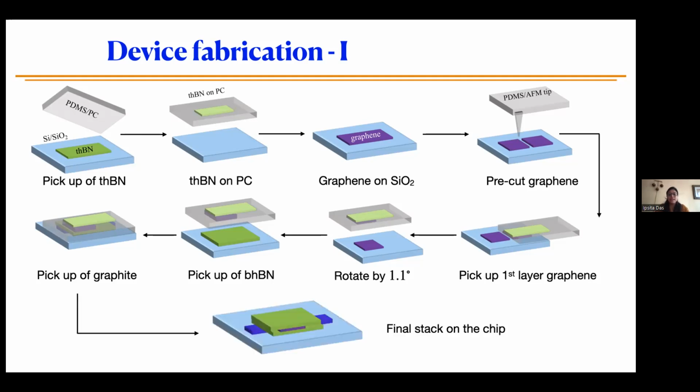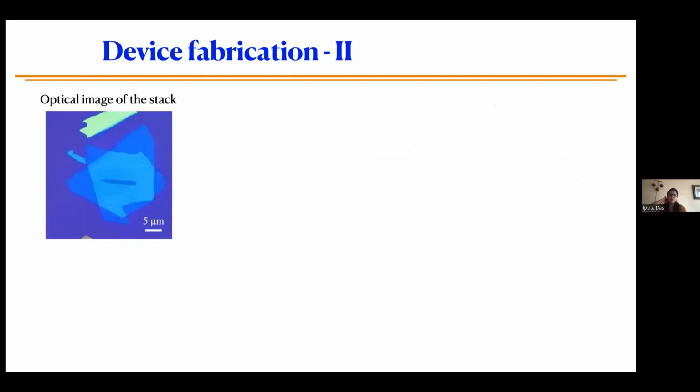And then finally I deposit all of these layers, the 2D heterostructure, on another silicon oxide substrate. After making the stack, we take them to the clean room for making the actual electrical contact to these stacks.